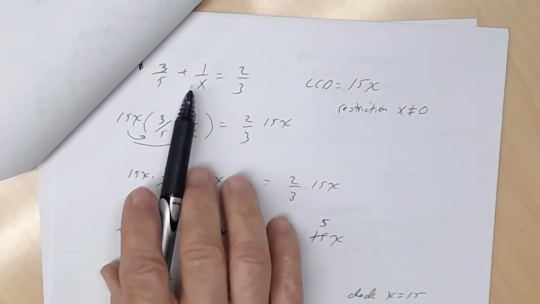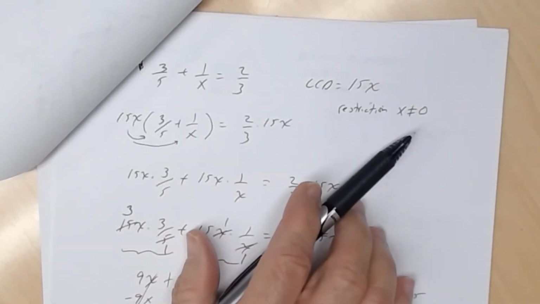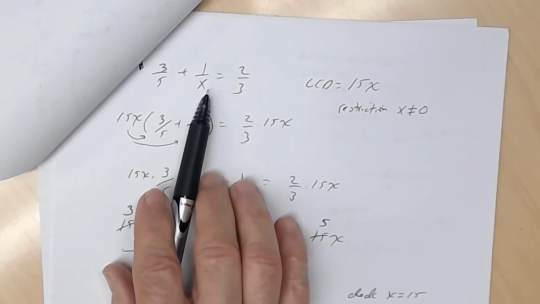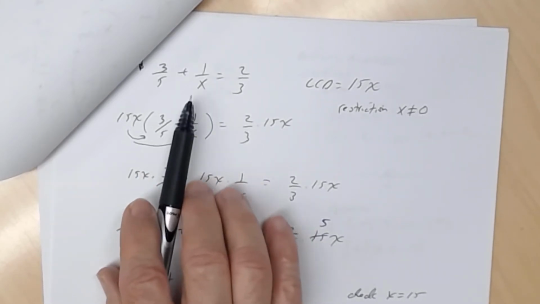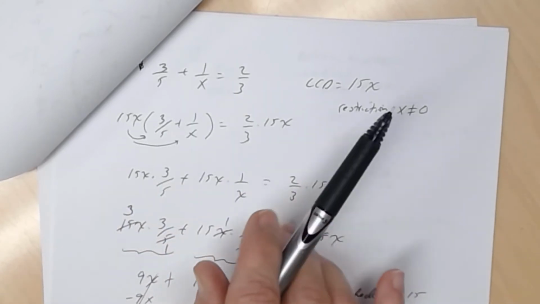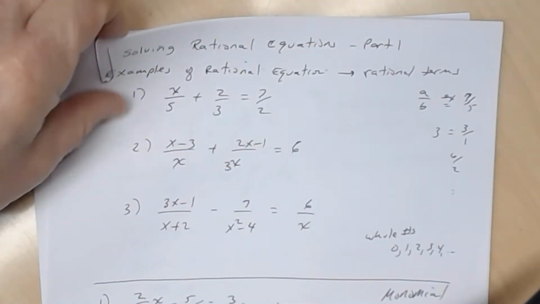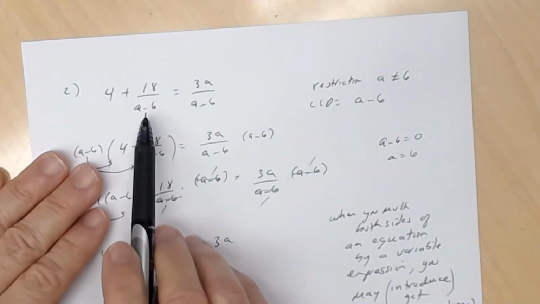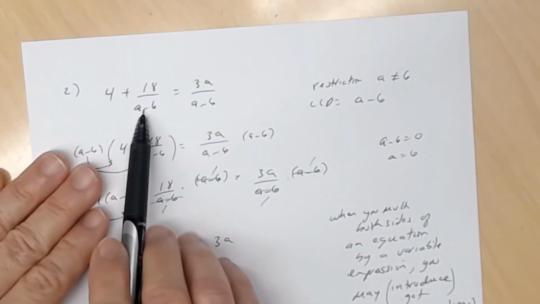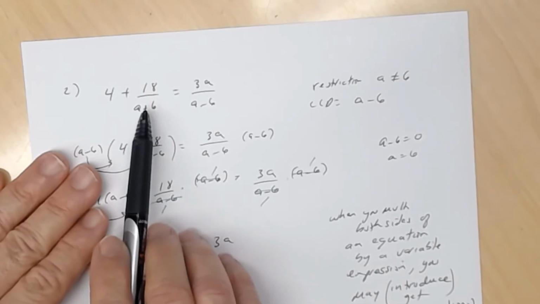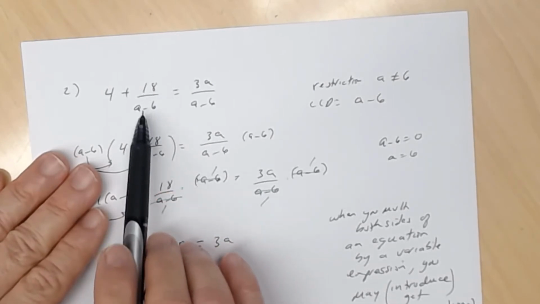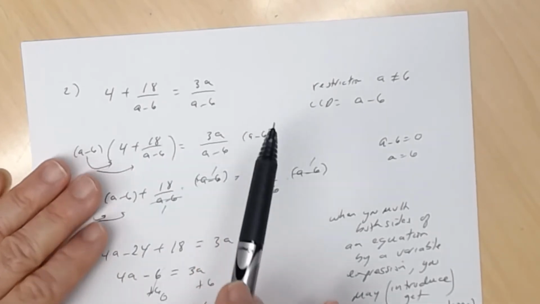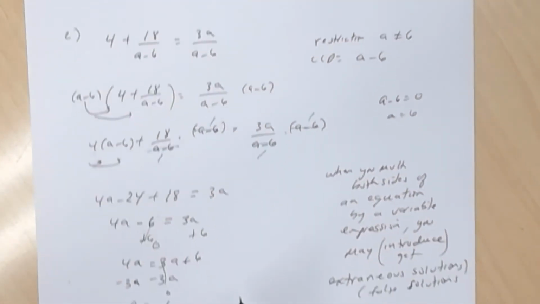So the only restriction in every case was 0 because there was a monomial. If your monomial had a variable in it, the only way you can get a 0 there is if the variable is 0. All right, but now we notice that it's not always going to be monomials in your denominator. Here I have a binomial, and the restriction was that what makes the rational expression undefined was when a is 6.